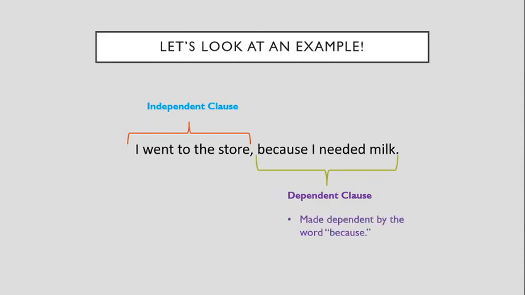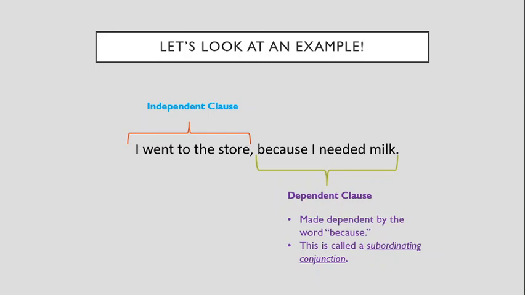Now, the word that makes it a dependent clause is because. This is called a subordinating conjunction. A subordinating conjunction is any word that makes a clause dependent because it draws attention to how something else needs to be put in there.